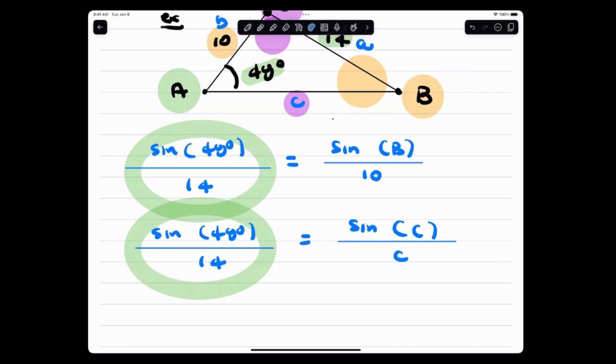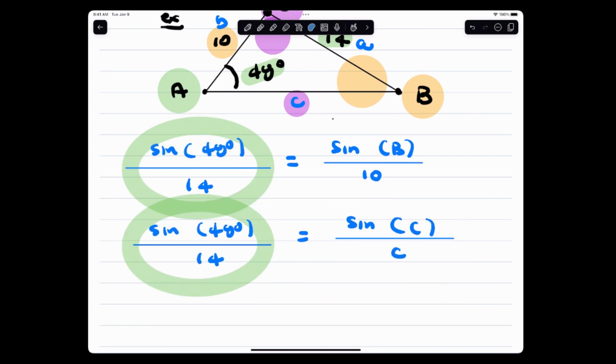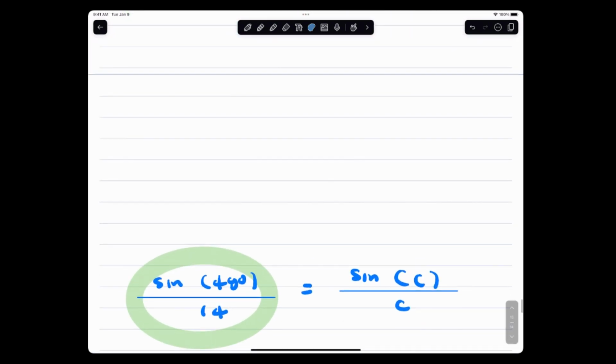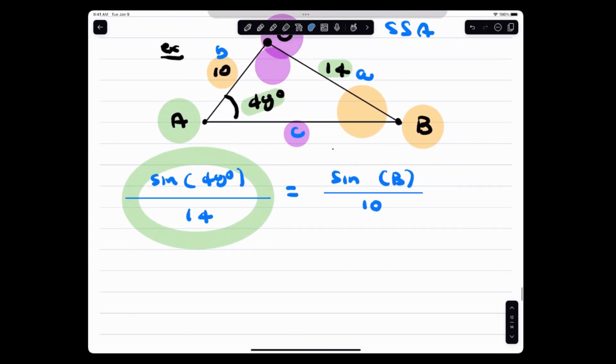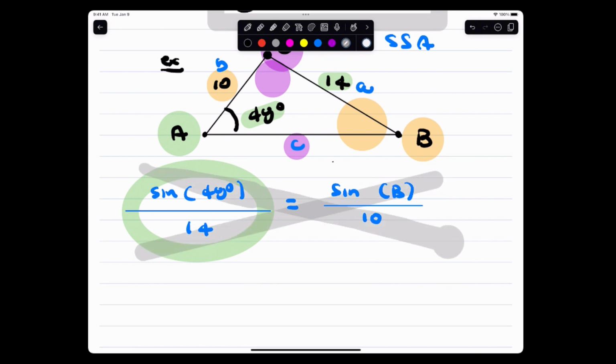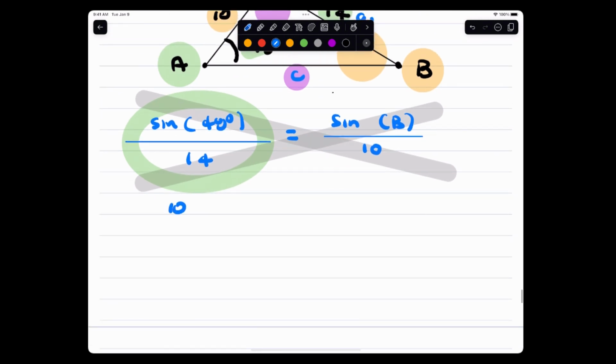All right. Cross what? Multiply. So we're going to get what? 10 sine 48 degrees will be 14 sine B. Is that true?